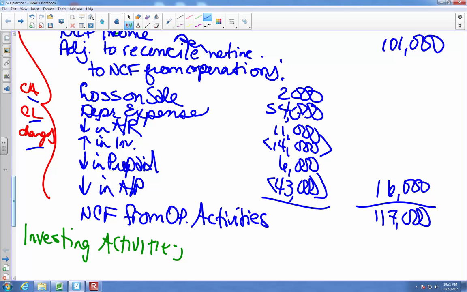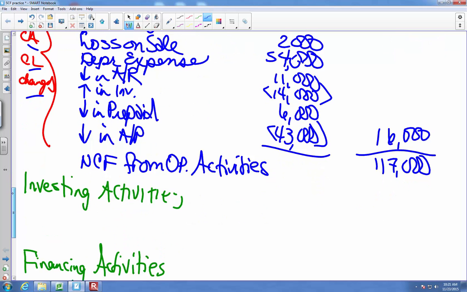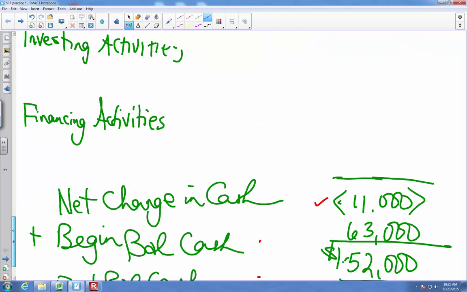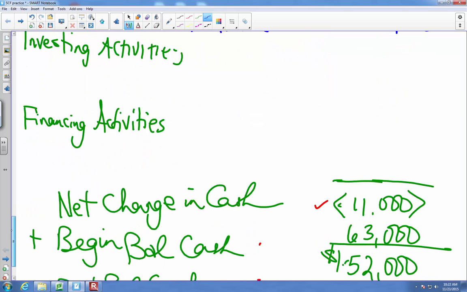Okay, let's do a review. Does anybody have any problems with this or need clarification on any of this? Let's do a review of what we think belongs in these next two sections. What, Gretchen, goes in investing activities?